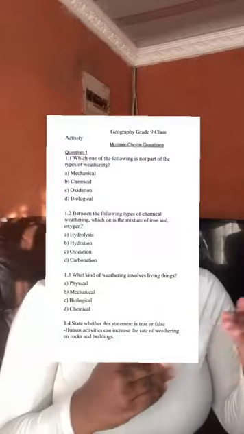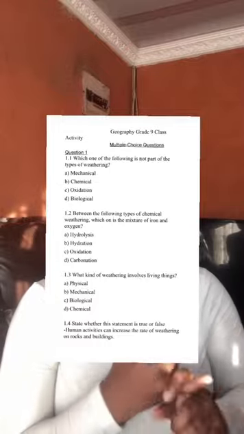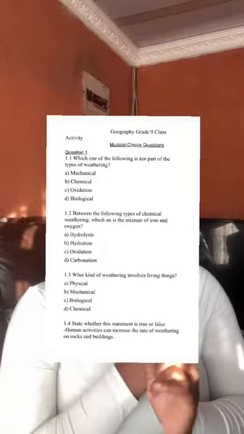So my topic was weathering. The grade that I was teaching was grade 9, and for example, the first question was which one of the following is not a type of weathering, because we have 4 types of weathering: biological, chemical, and mechanical. Mechanical is also known as physical.